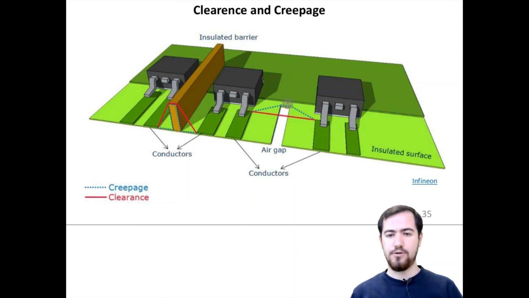Whenever a failure occurs between these two components, the surface is coated with carbonized material, and it is conductive, and it increases the failure of the circuit. I mean, it causes a burn over the whole circuit. So in order to prevent this kind of failure, we increase the creepage distance, and the clearance distance should also be set with respect to the isolation standards.